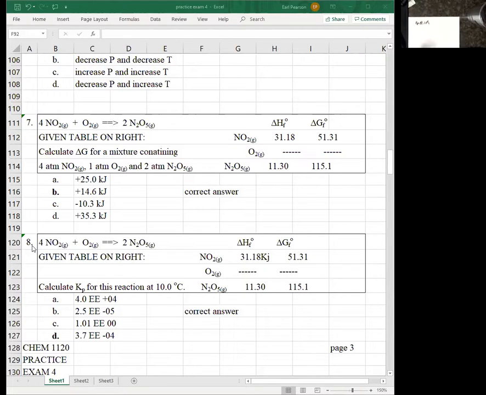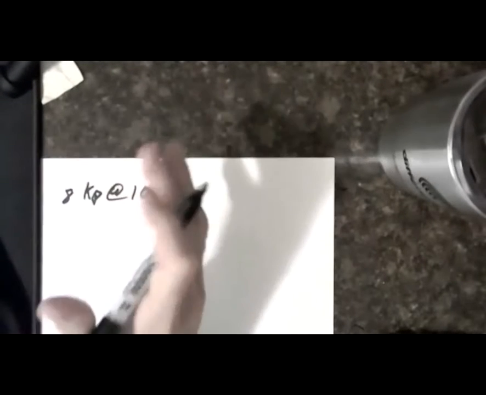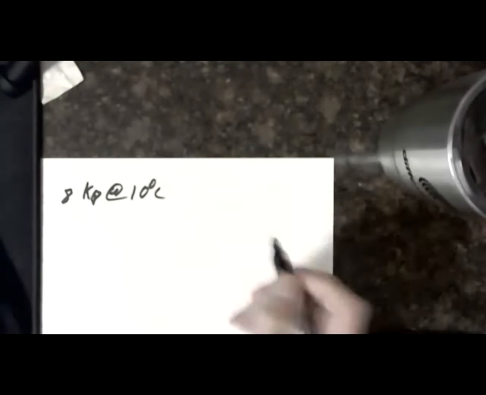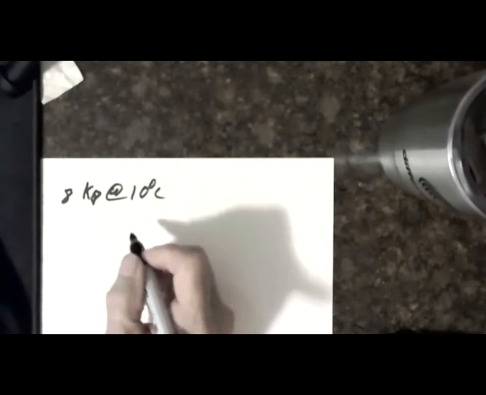So this is number 8. So let's go back, and we're working with the same reaction. And I usually try to do that so that you don't have to keep redoing the same thing over and over again. Saves us time on the exams.